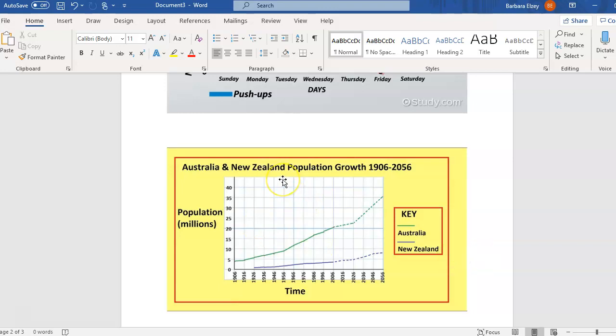So notice that in this case, we are comparing the population growth of Australia to the population growth of New Zealand. And notice that we've got a key over here to tell us which line is which. So Australia is the green line and New Zealand is the blue line. And clearly Australia has a higher population and more growth than New Zealand.